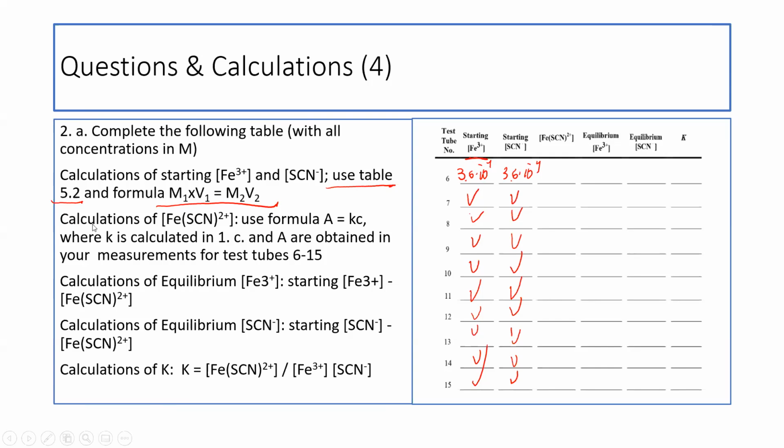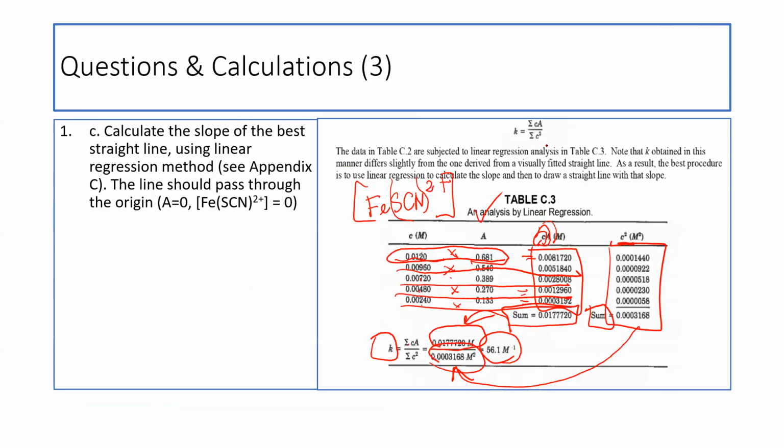Now we have to do calculations of iron thiocyanate 2+. And here we have to use this formula: A is equal to k times C. This is why we needed the value of k, because we measured absorbance of solutions with unknown concentration of our complex. So how can we do that? k is already calculated.